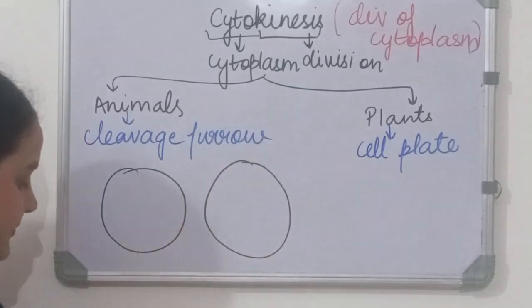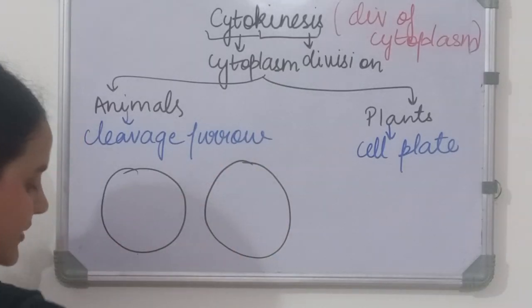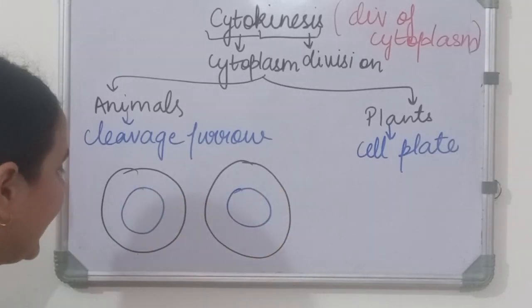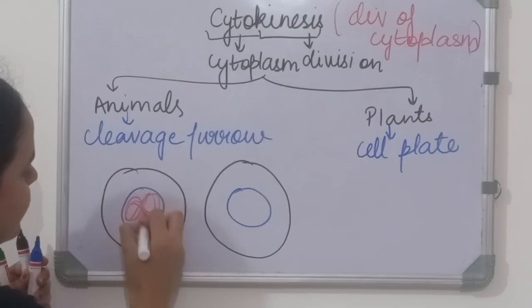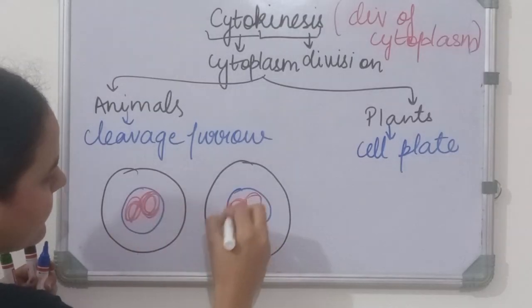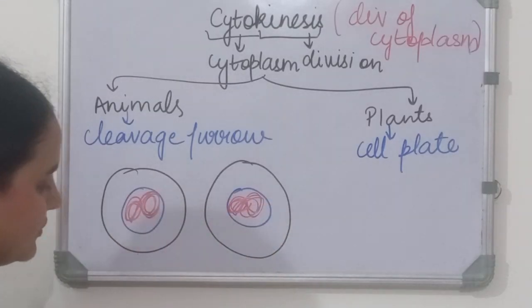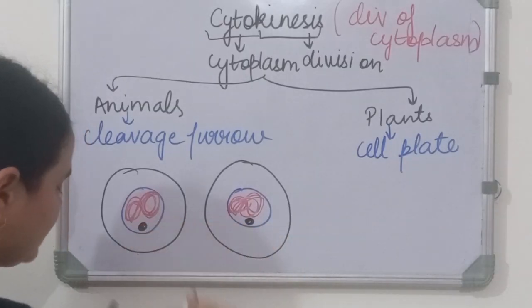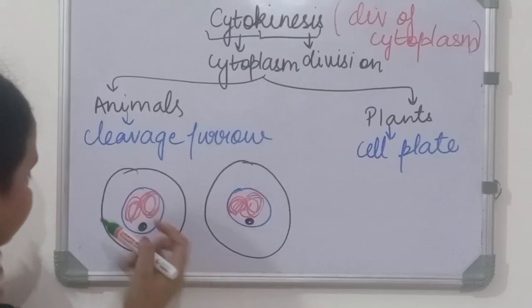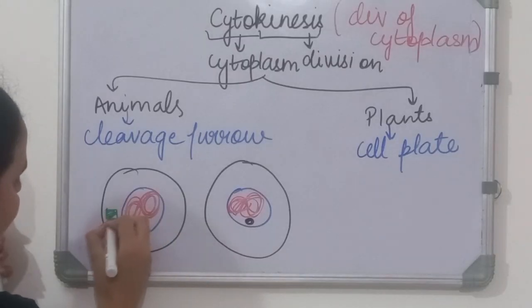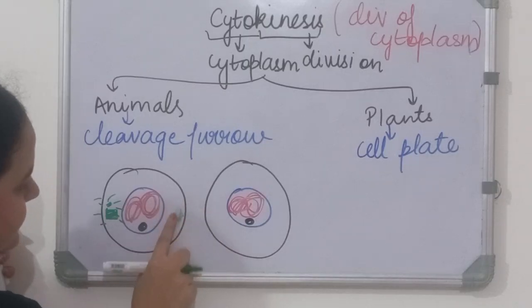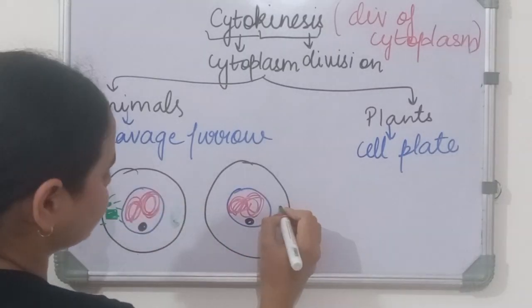Inside the cell we have our nucleus and we have chromatin fibers, nucleolus, one centrosome, sorry. And then here also.